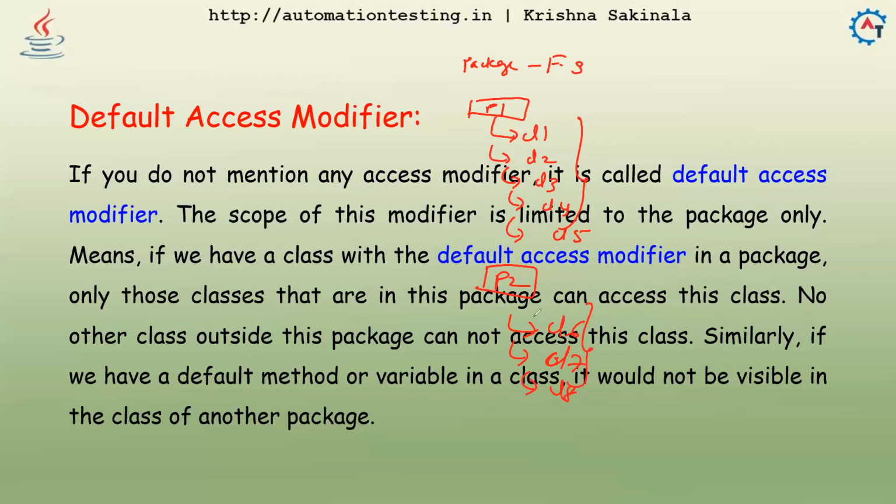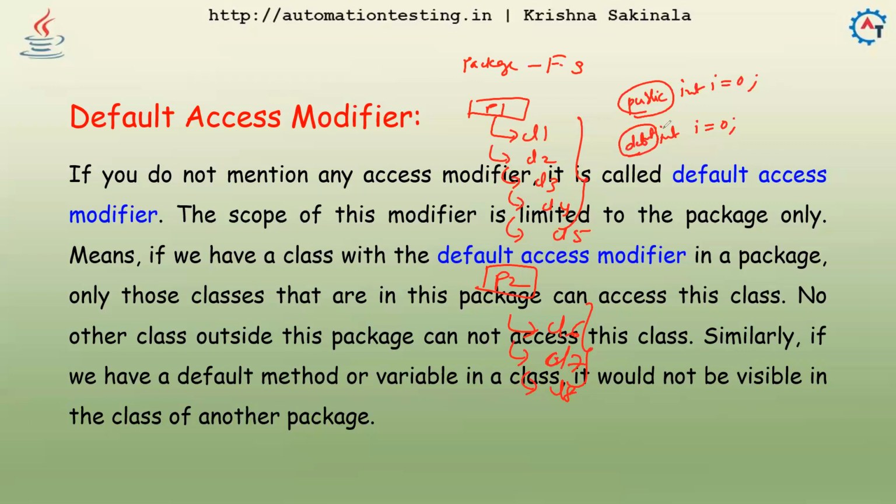If you do not mention any access modifier, then, for example, public int i = 0, here you are mentioning public. But if you write int i = 0, there is no access modifier, so by default it is default.